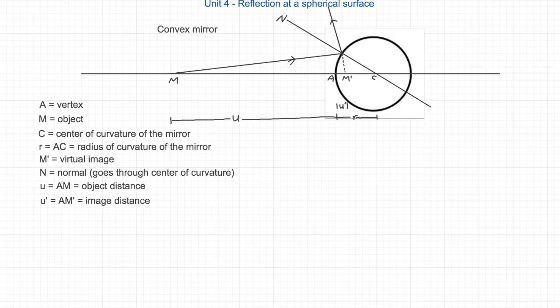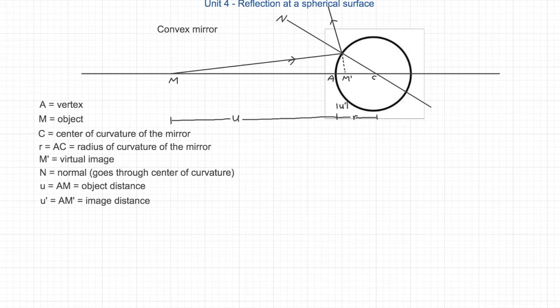So because we're sending light in from left to right, the left side of the circle is our spherical surface that we're reflecting off of, and it's got a center at C. The normal is drawn through C. If you remember your geometry, when you construct a tangent at that point, the radius or the diameter of the circle makes a 90-degree angle with the tangent. So this normal is making a 90-degree angle with the surface at that point.